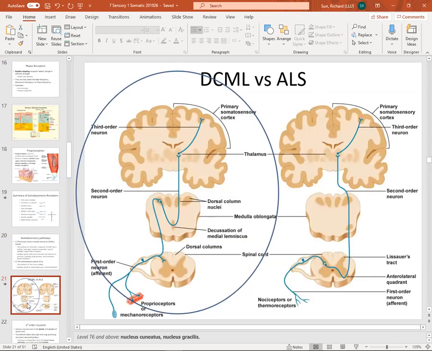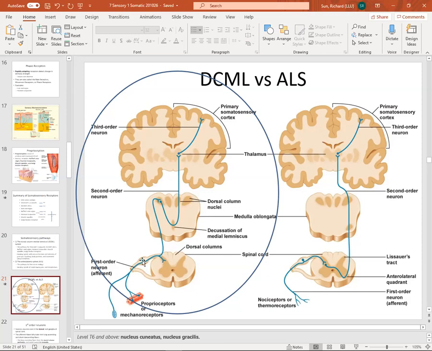So let's start by talking about this DCML pathway, the tactile receptors, mechanoreceptors, proprioception receptors. Well, first, this neuron is located in the dorsal root ganglion next to the spinal cord. And this is the dendrite, and the axon sends signal in.